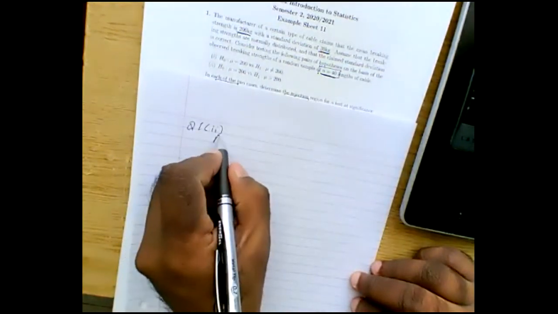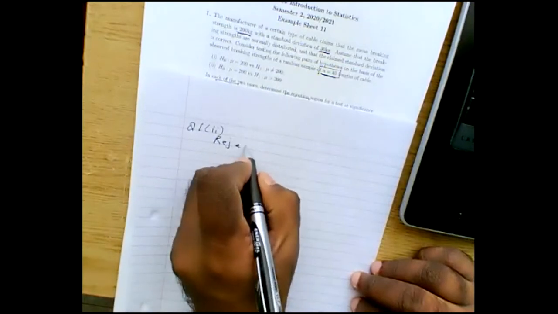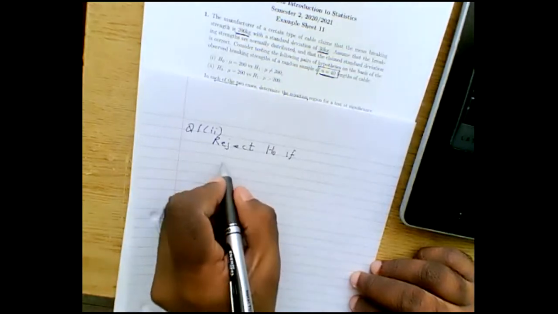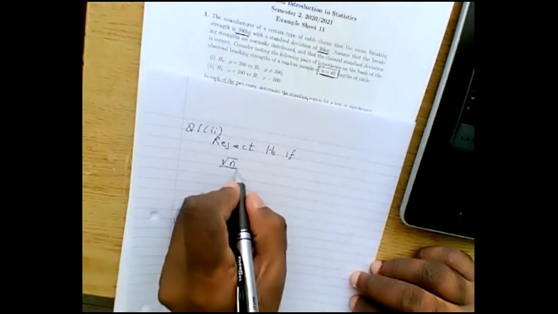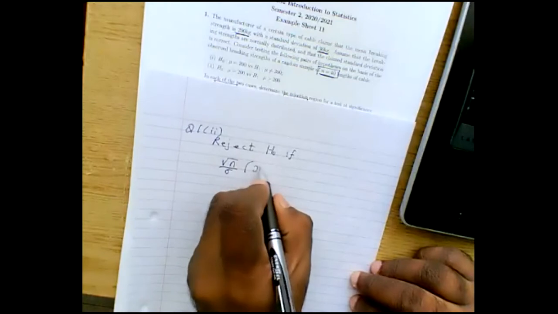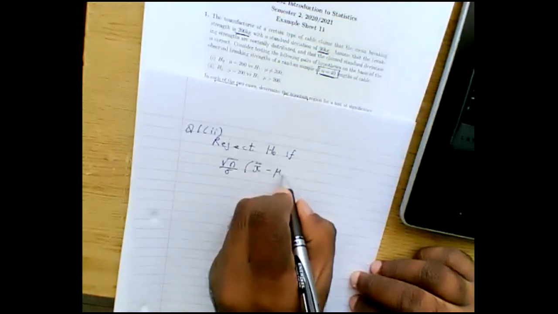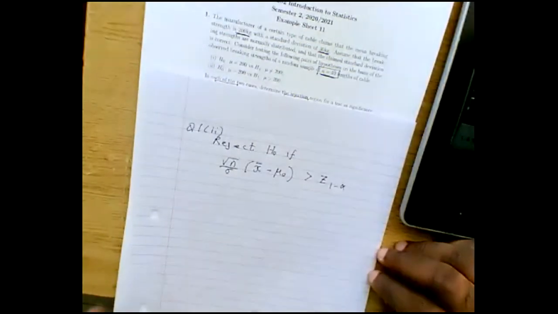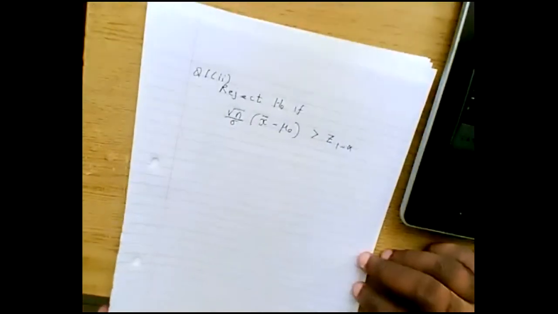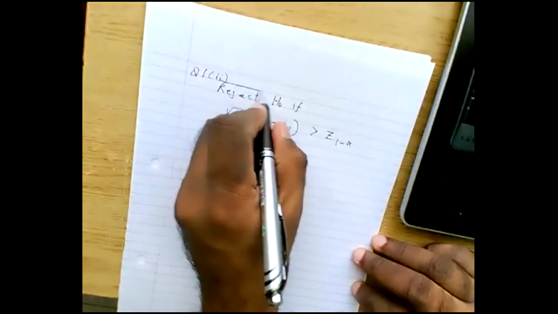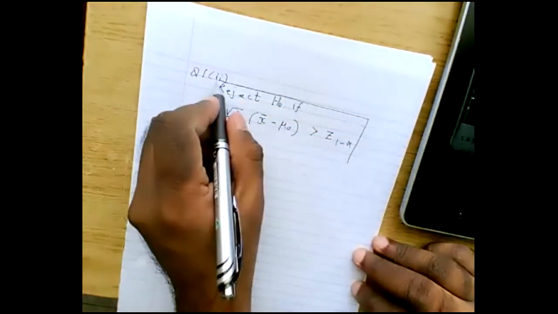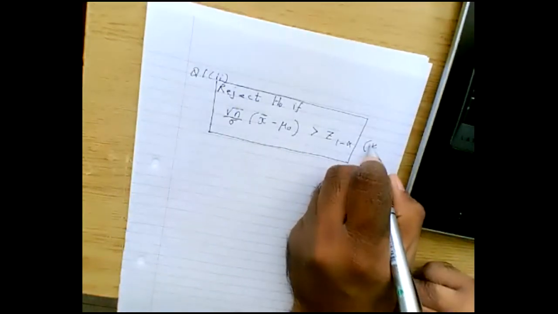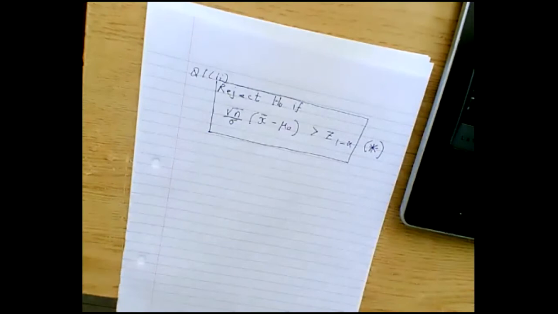So here we reject the null hypothesis if root n divided by sigma times x bar minus mu 0 is greater than z 1 minus alpha, right? So this is the rejection rule, right? Okay, once again, let me put this in a box. Okay, call this star, right?